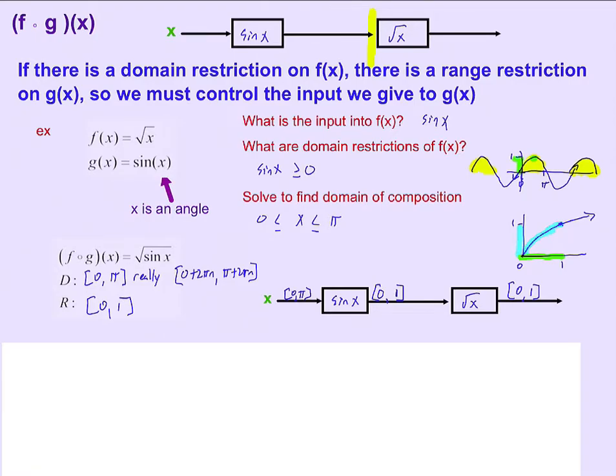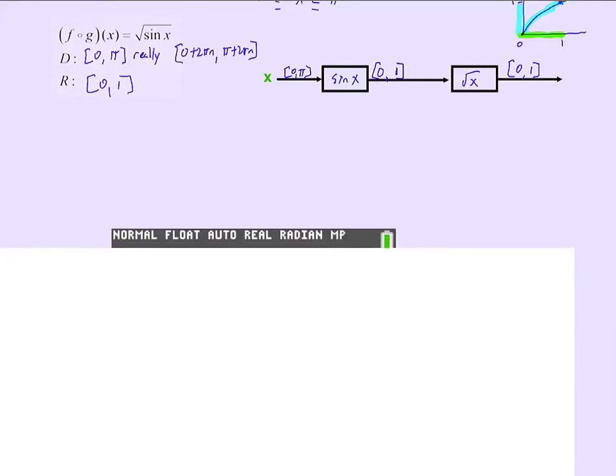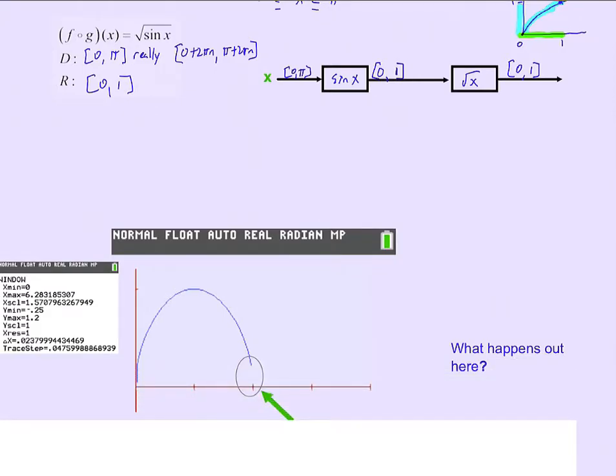And this will help a little bit after we see an example here. So this is a graph. I did it on the graphing calculator instead of on the Desmos because I wanted to point something out that's weird about the graphing calculator if you ever use it. Not that I recommend using it, but sometimes the graphing calculator is very glitchy. We just said that if you plug pi into the sine of x, you get 0, and then when you take the square root of 0, you get 0 again.